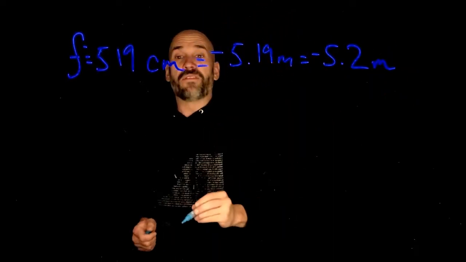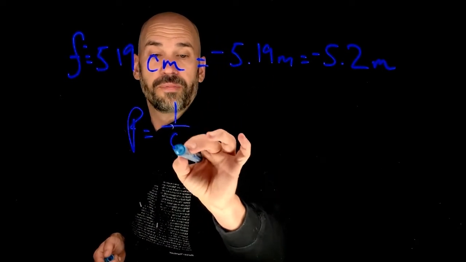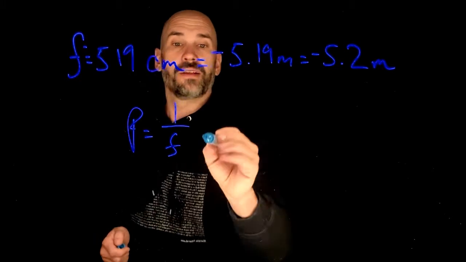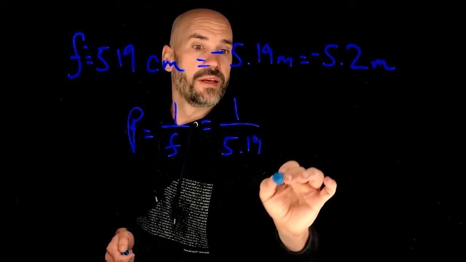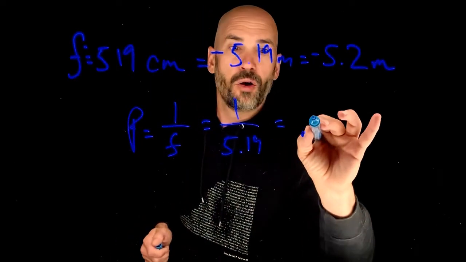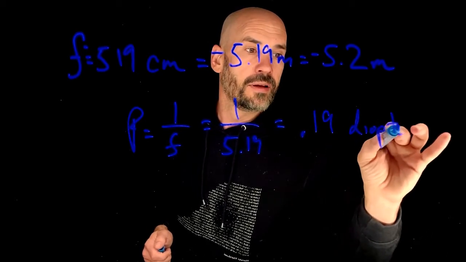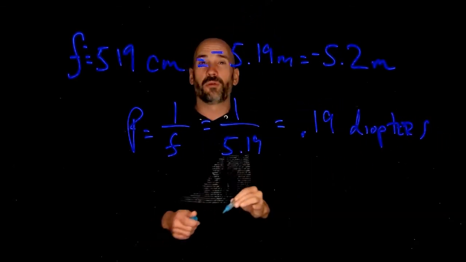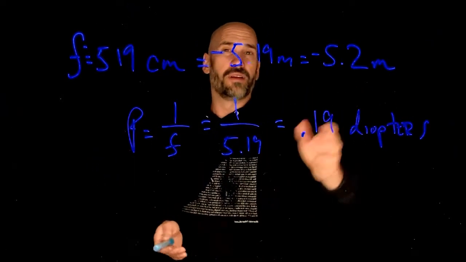So if I want my refractive power, that's just going to be 1 over this focal length, right? So that's going to be 1 over 5.19, right? And when I do that, I get 0.19 diopters, right? So someone with that vision would have a prescription of about 0.1 diopters.